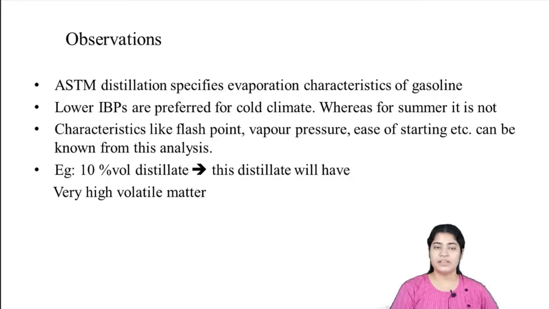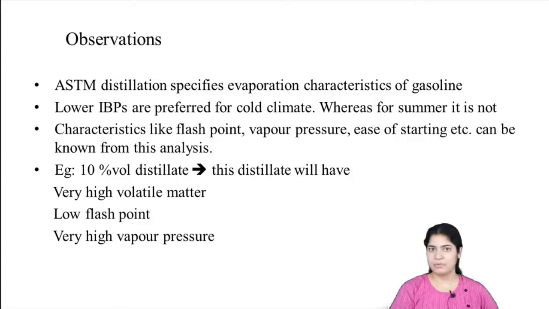It would be high in volatile matter. Because it is 10%, it would be very near to the initial boiling point. It has a low flash point. What is flash point? It is the minimum temperature at which your fuel can catch fire. So a low flash point means it can very easily catch fire at a very low temperature.